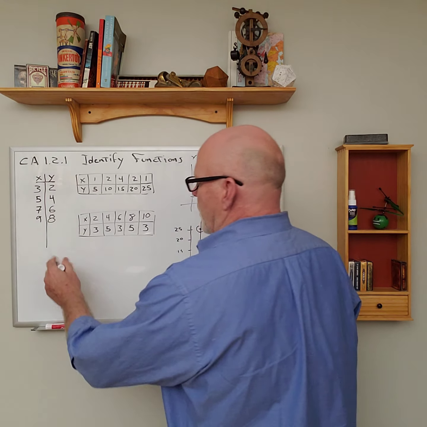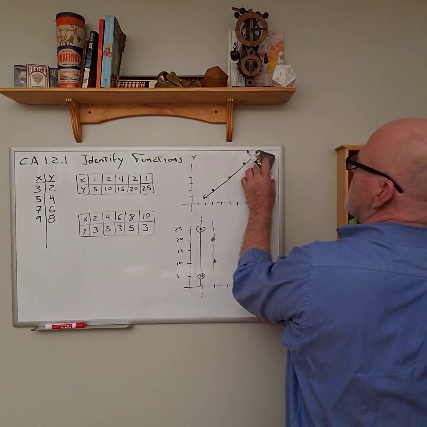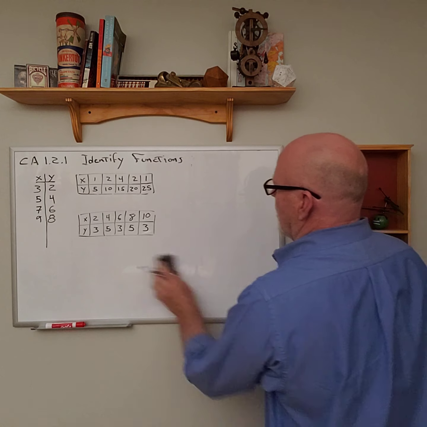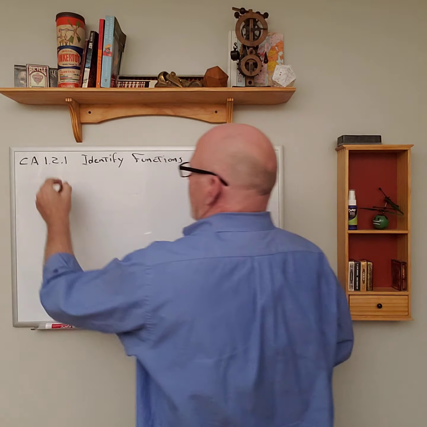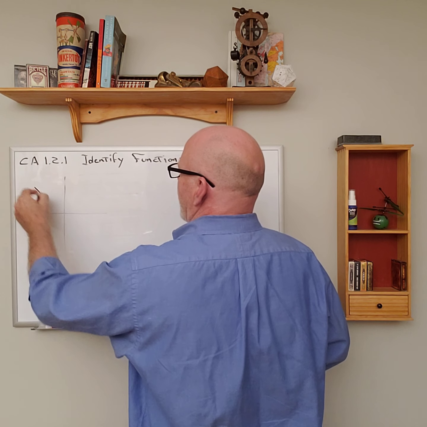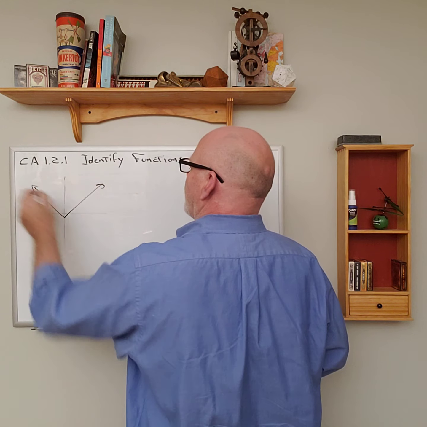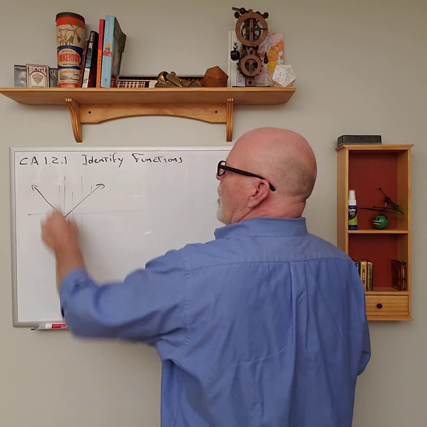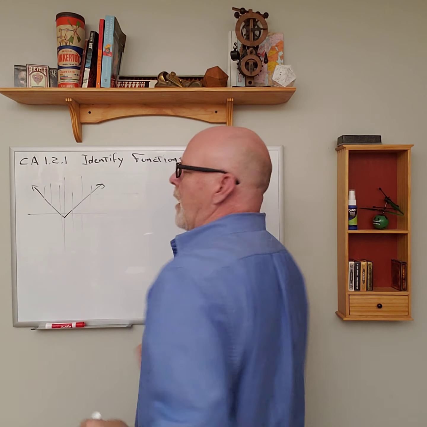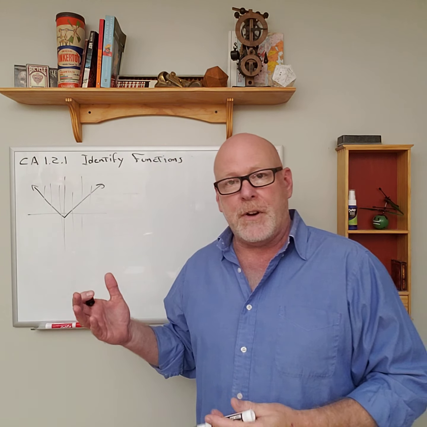So if I've got a function, get my axes there, that looks like this, I can draw a bunch of vertical lines, but any one vertical line is only going to hit that graph at 1 point. So that is a function.